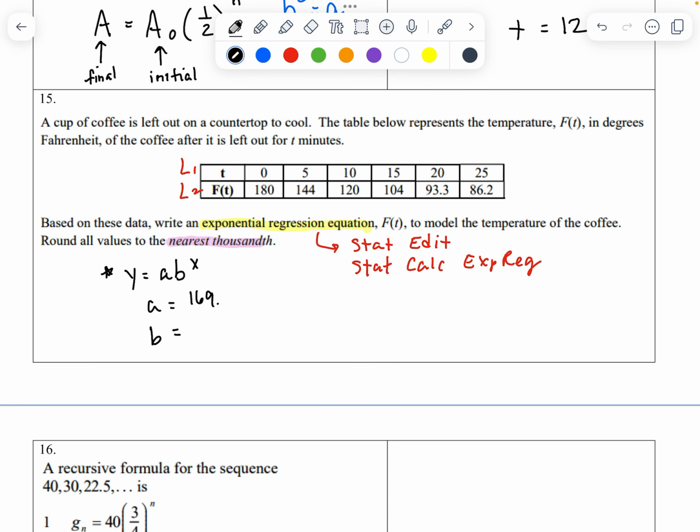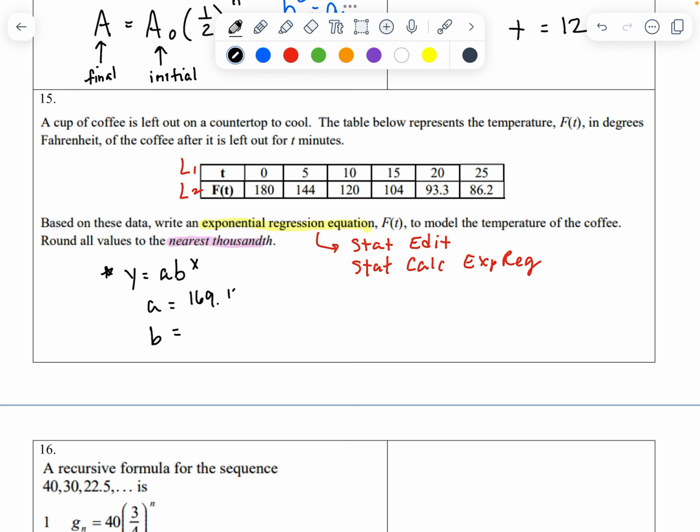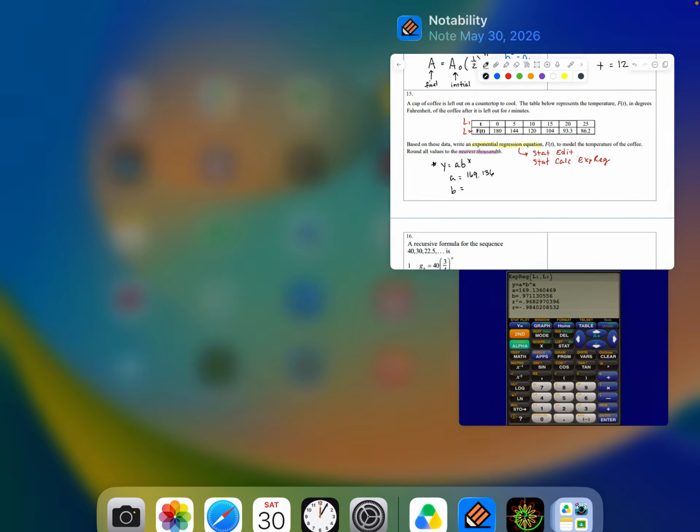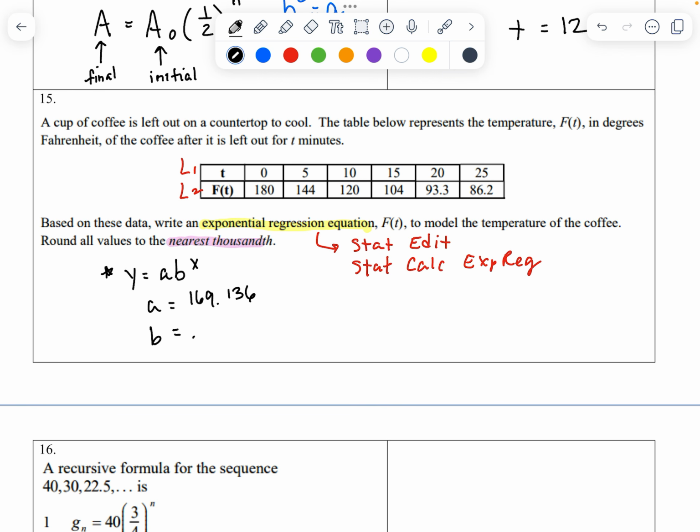So I believe we said 169.136 and 0.971. And there you go.